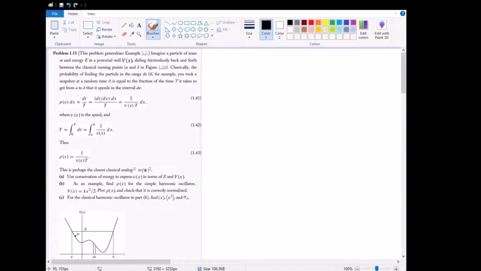So the probability is dt over big T, where dt is the amount of time it spends in this interval dx, and big T is the total amount of time to go from A to B.